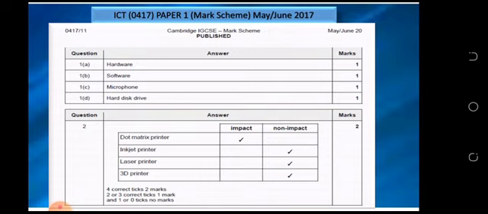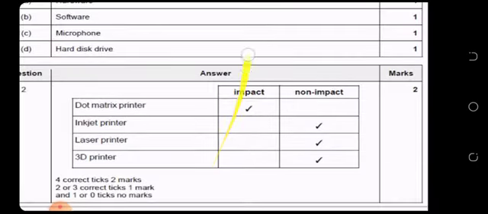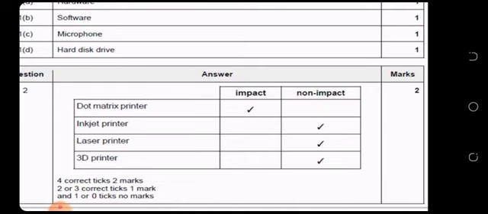So the total mark assigned to this question is just 2 marks. But the examiner is expecting 4 answers from a student here. So look at the analysis of the assessment. Let me show you very well. If students answer all the questions correctly, the student will get 2 marks.